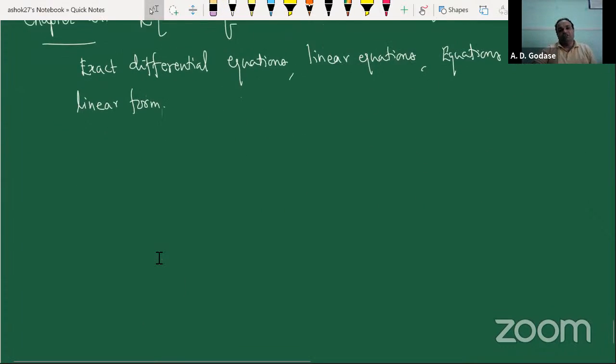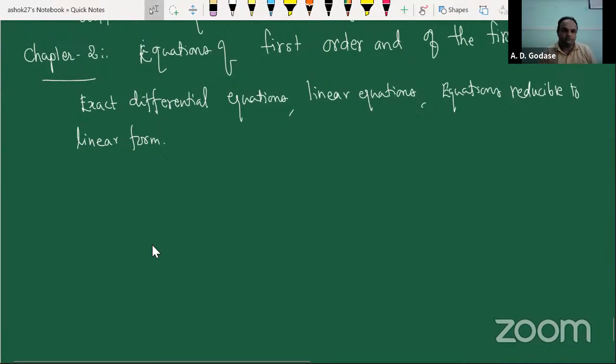Next, what is chapter 3? The title of the third chapter is linear equations with constant coefficients.